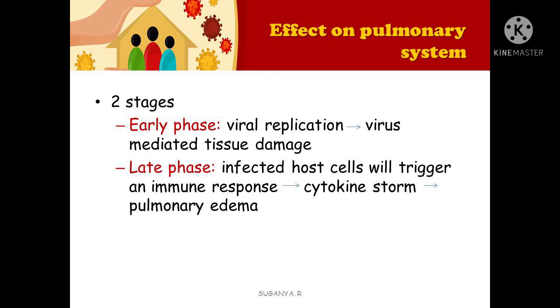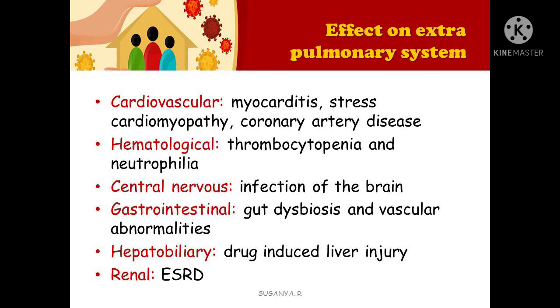In the late phase, the infected host cells trigger an immune response and cytokine storm is activated, thereby leading to pulmonary edema. The effect on the extrapulmonary system is mainly due to one or a combination of mechanisms such as direct viral toxicity, ischemic injury caused by vasculitis or thrombosis, or RAS dysregulation.